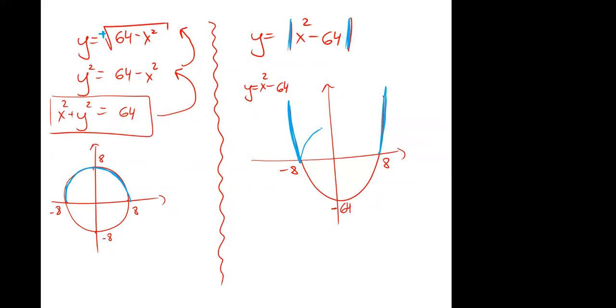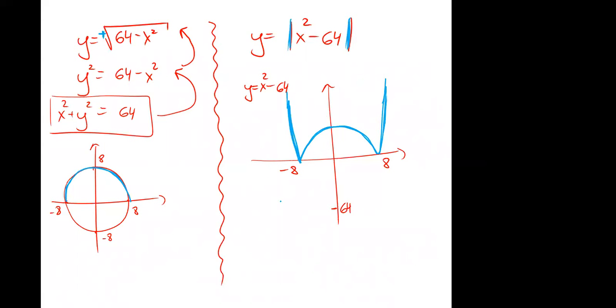That's when I have to do the reflection. Okay, that means this is gone. This is a beautiful function, the absolute value of that parabola. Everything that was below must be reflected above the x-axis.